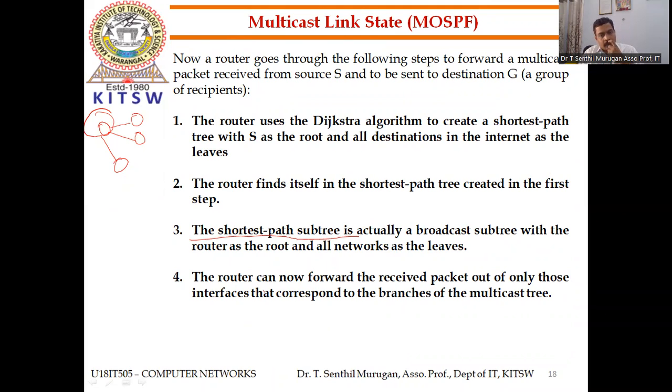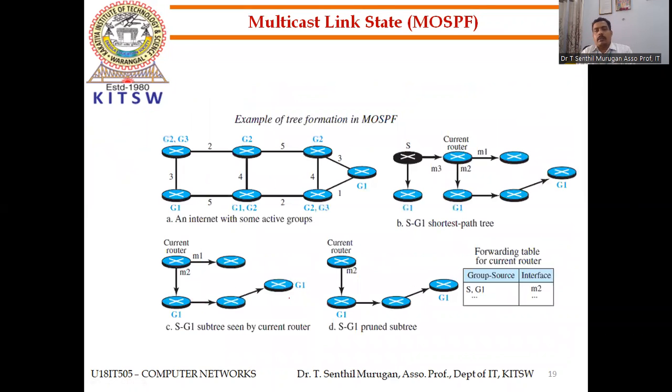The router can now forward the received packet out of only those interfaces that correspond to the branches of the multicast tree. If we form that tree, this is one destination, this is another destination, and like that we identify individual trees. These particular trees will receive the corresponding branches. That is the method used in multicast routing.